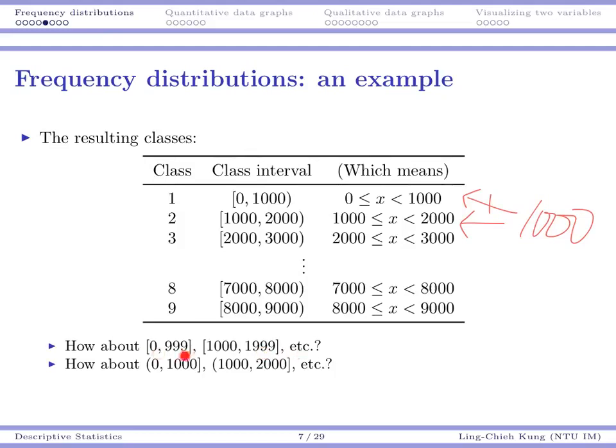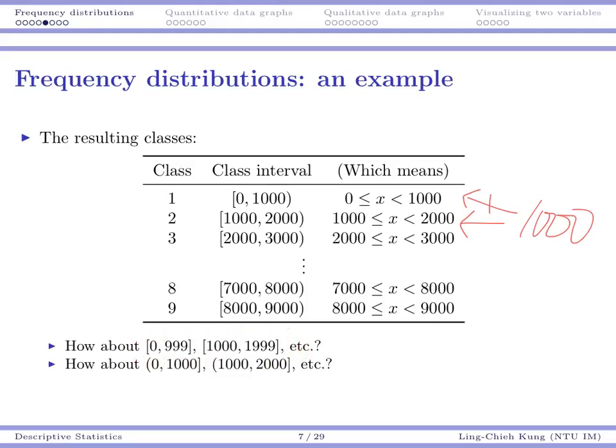This is okay for this particular set of data because every number is an integer. But if you have some set of data where numbers may be fractional, then this can be very dangerous because you don't know how to categorize 999.7. So this is not a very good way to describe your classes.